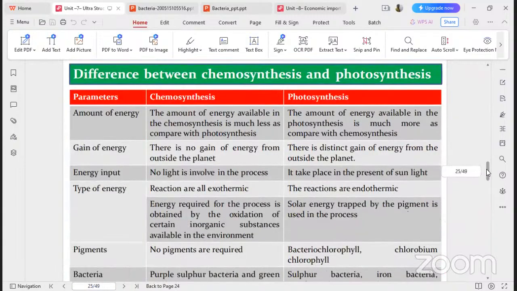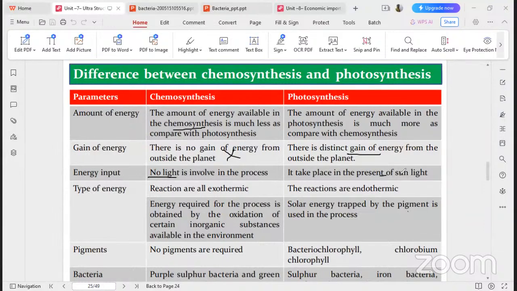There is a difference between photosynthesis and chemosynthesis. Energy is very low in chemosynthesis compared to photosynthesis. Here energy is gained by splitting the chemical compound, releasing the chemical bond. In photosynthesis, energy comes from the sun; in chemosynthesis no light is involved.